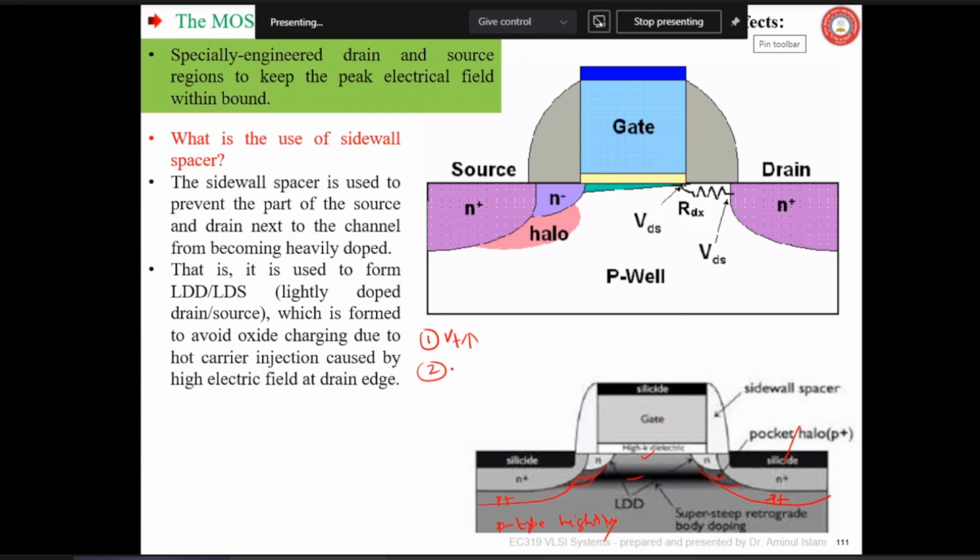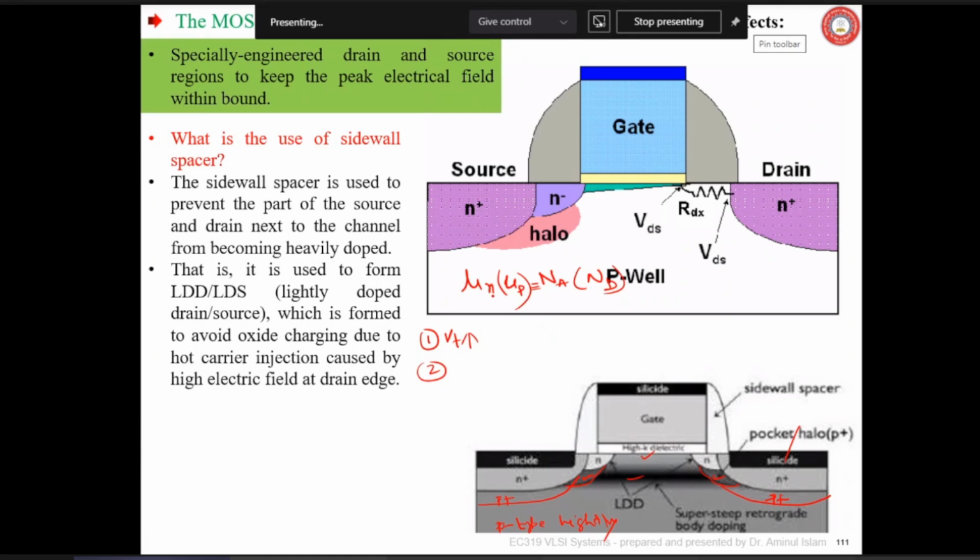What we have discussed earlier regarding mobility, mu n or mu p, and doping concentration Na or Nd. What is the relationship between these two?